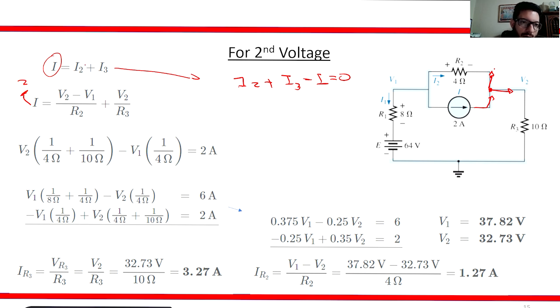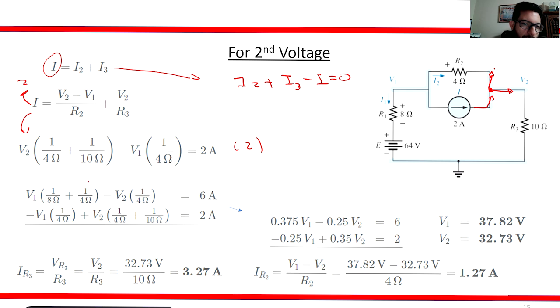And then the current I2: now we start from V2, because this is what we want to find. V2 minus V1 divided by R2 is this part of the equation right here, plus V2 divided by R3 is this part of the equation right here. Now we just reorganize and we finally have equation number 2.